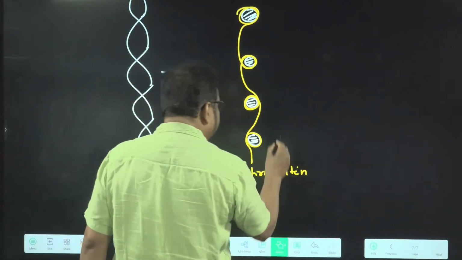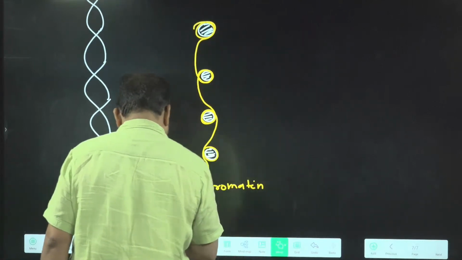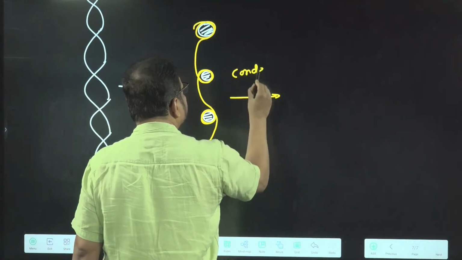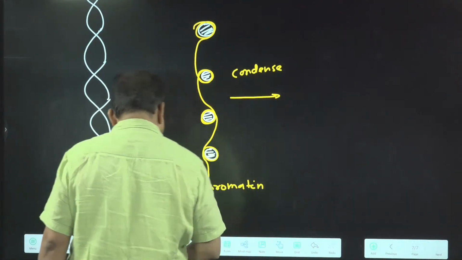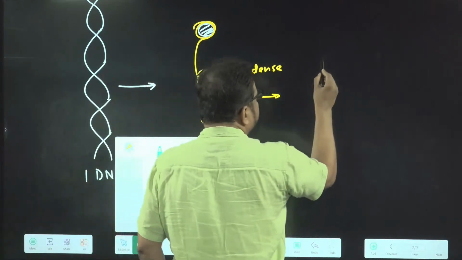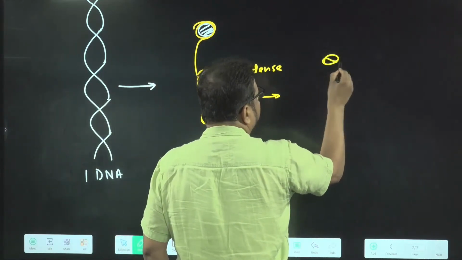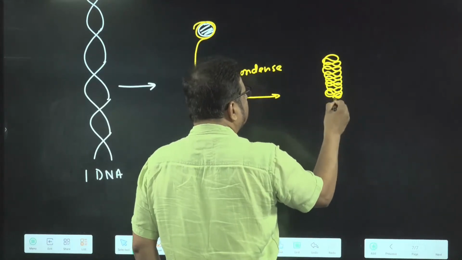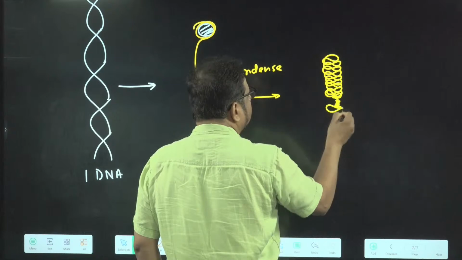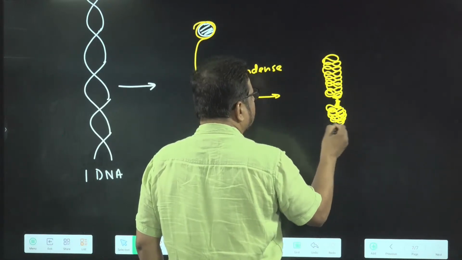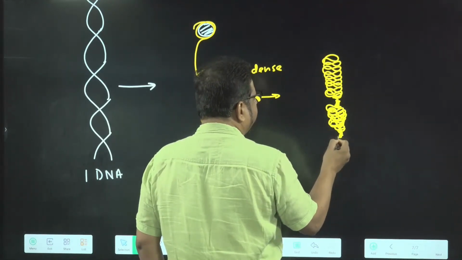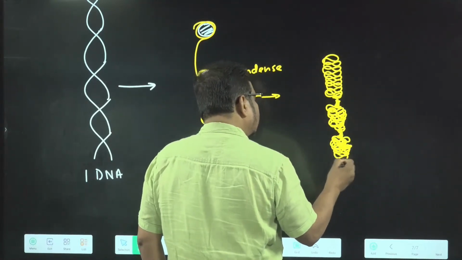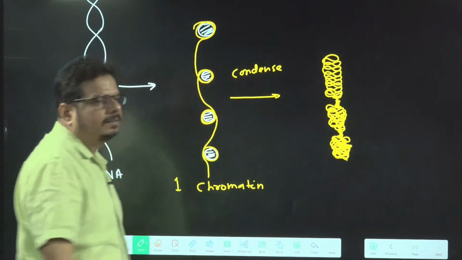Now this chromatin undergoes condensation. After condensing, it becomes like this.